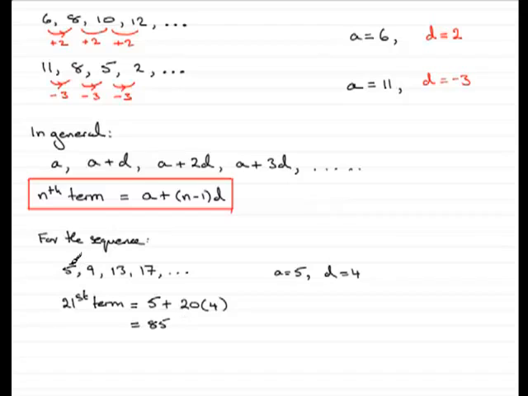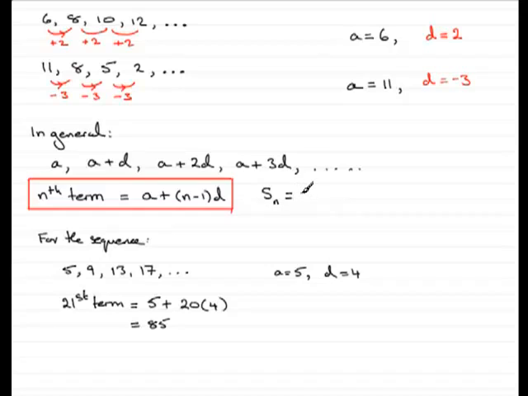Now sometimes we want to work out what the sum of the first n terms are. So for instance, if I wanted to work out what the sum of the first 21 terms were in this particular sequence, then I want to have a simple way of doing it rather than having to write all the terms out and then physically add them together. Well, there is a formula for this. It's called the sum of the first n terms, written S with a subscript n here.